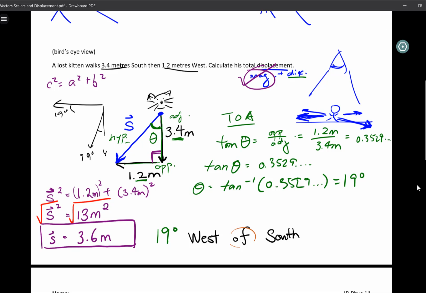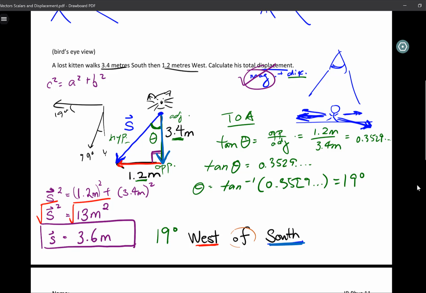So if west is describing south, south goes first. Okay? So south is first, and then we go west. So west of south, west is describing south. Therefore, we go south first.